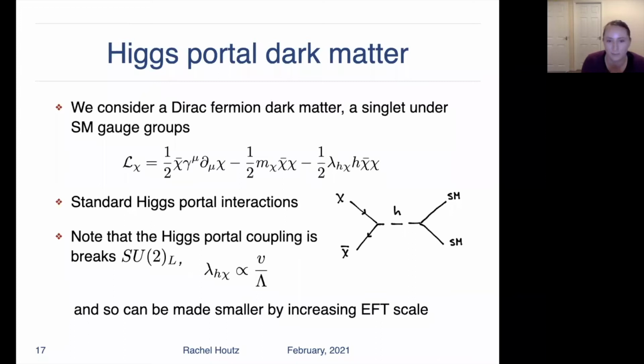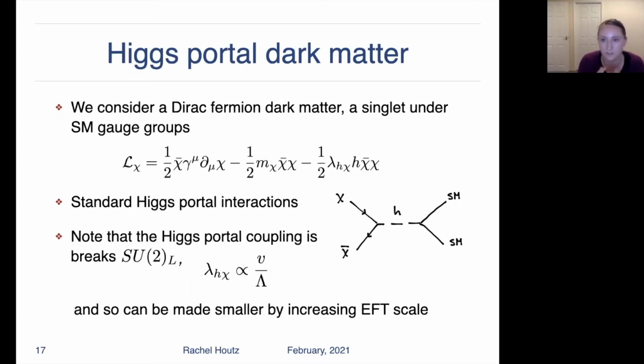Our coupling is proportional to the VEV over some new physics scale Lambda. You could write this a different way so that the coupling is dimensionful, but it's nice to have a dimensionless coupling. Just remember that even though this coupling is dimensionless, you can always make it very small by increasing the EFT scale, right?